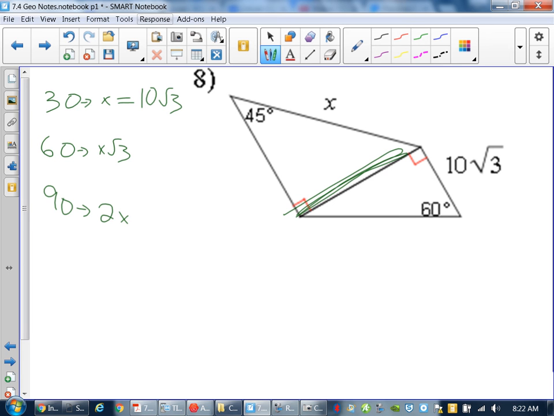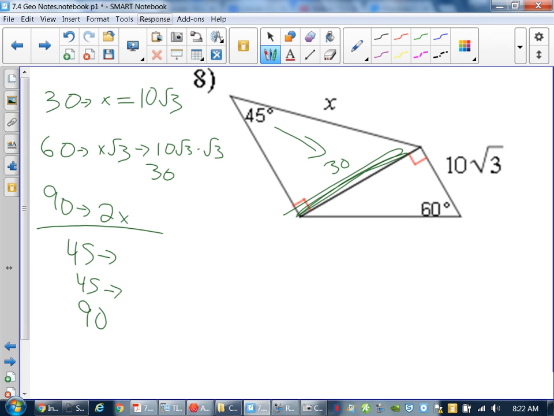That's opposite the 60, which means I just take the 10 root 3 and substitute in for x. I take 10 root 3 times root 3 and I get 30. So now across from a 45 is 30. If that's equal to 30, the other one would be 30, and this would be 30 root 2. And you're done.